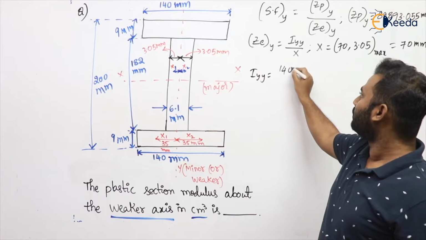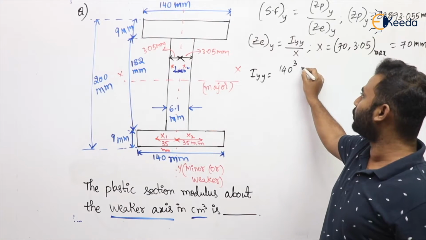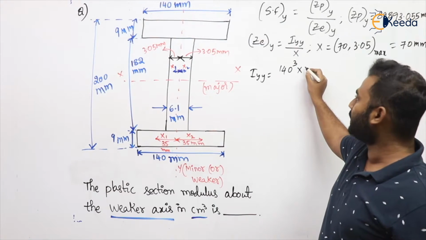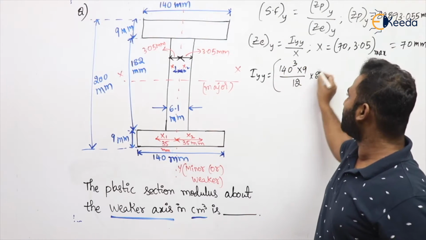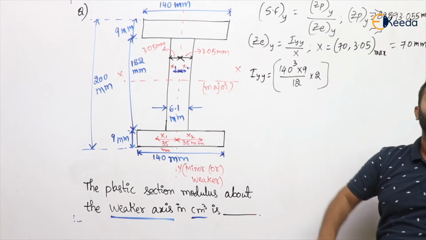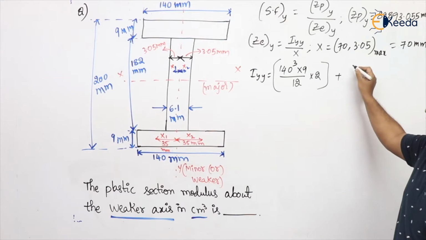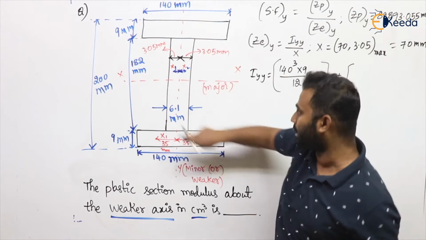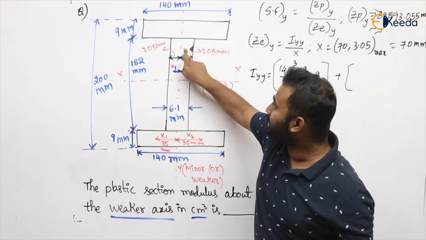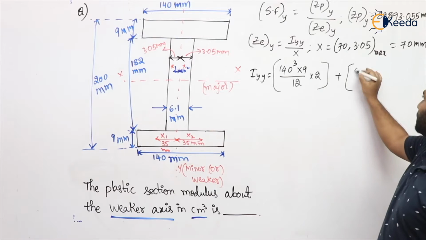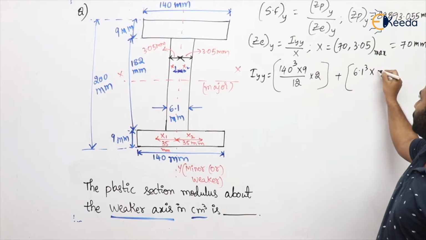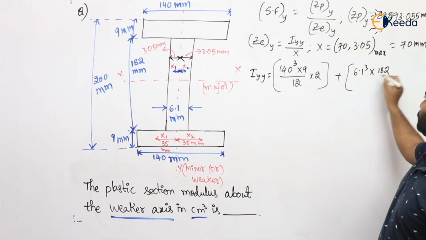So it is 140 whole cube into 9 by 12 into 2. Plus for the vertical rectangle, Y is perpendicular to the 6.1 mm dimension, hence it is 6.1 whole cube into 182 by 12.